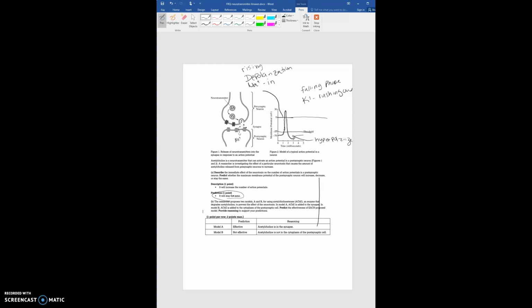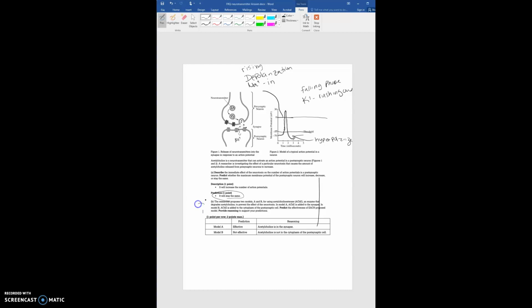And also we have leak gates. And so once it becomes too positive on the outside, then negatives are going to start rushing out, or vice versa. So there are regulating factors in there that are going to keep the maximum membrane potential about the same.